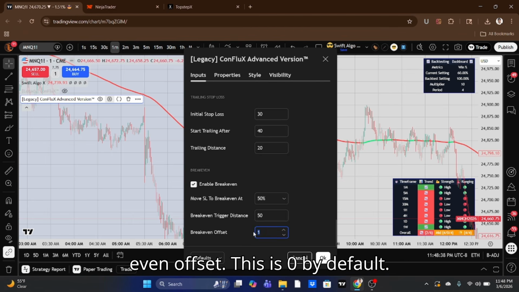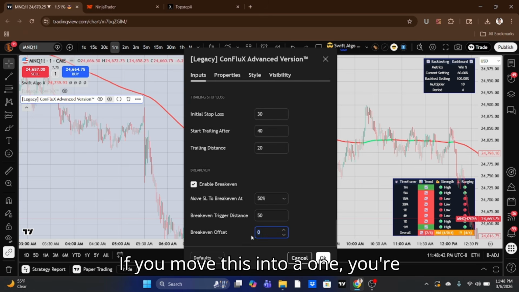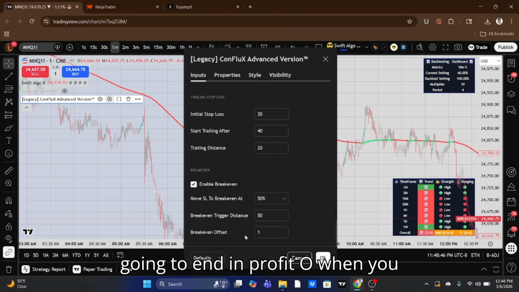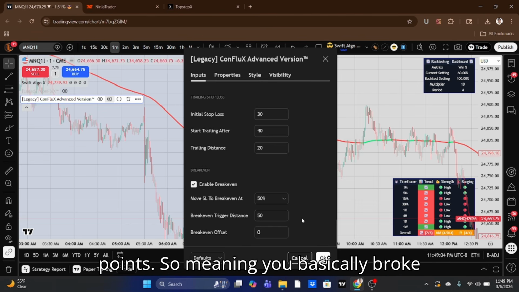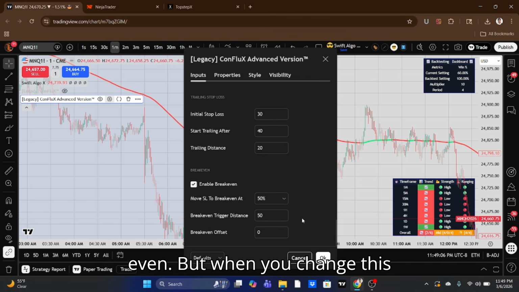Break even offset, this is 0 by default. If you move this into a 1, you're going to end in profit. So when you change this to a 0, if the entry price is at 100 points, it moves to 125 and then it stops you out basically at 100 points. So meaning you basically broke even.